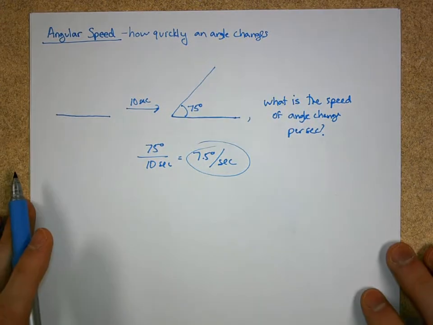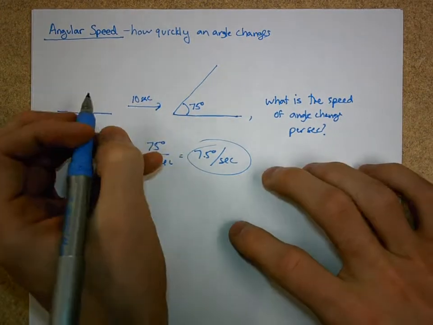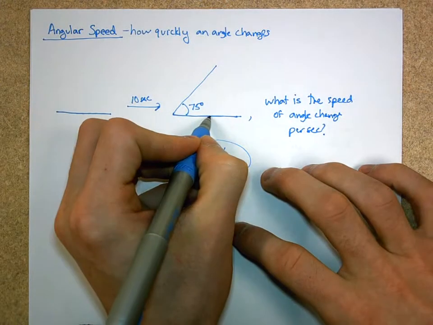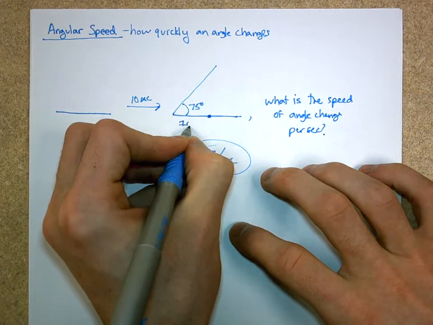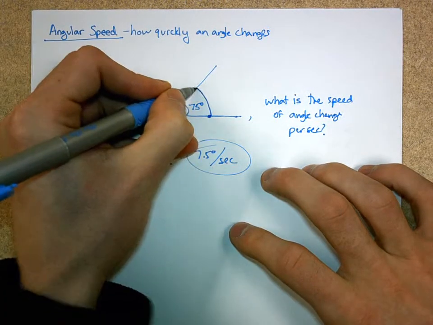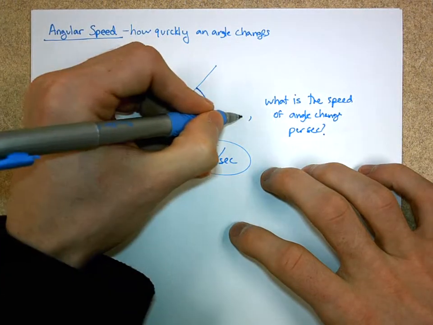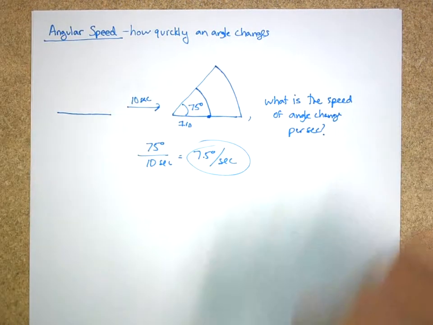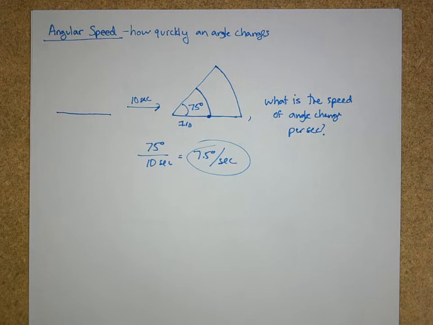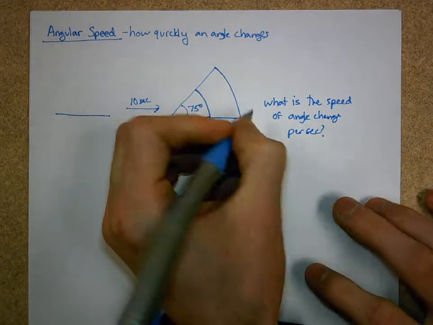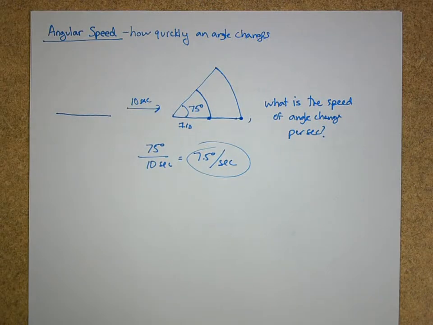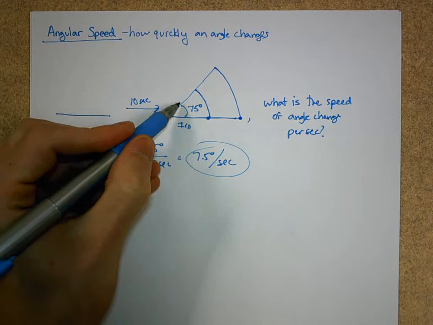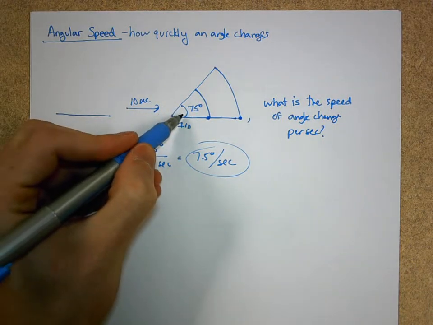But if you think about it from a logical perspective, if I were to have something that is, say, right here, and I say this is going to be 1 inch, the distance it covers is going to change. So if I were to look at the linear speed, it does increase based off of how far out on my radius I go. Angular speed doesn't care about that. All I care about is how quickly this angle is changing.